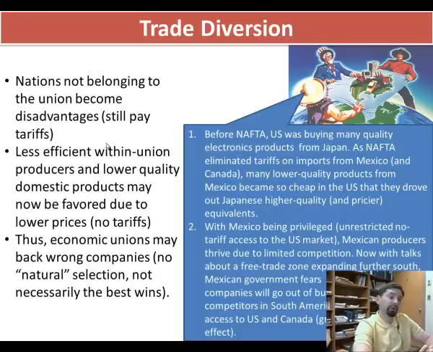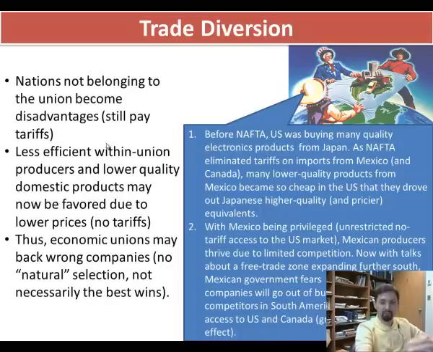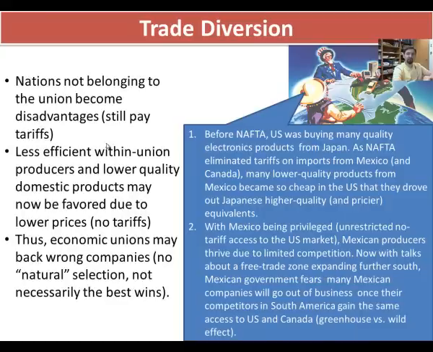Overall, it may not be a huge deal, because the loss in trade with those countries that are not members of the trade union gets replaced with more trade with the members of the union. But what if, for example, Japan or Germany or Ukraine have something unique to offer to your country that cannot be fully replaced by what the countries in the club can offer to you? And so that trade diversion sometimes may be perceived as a loss.